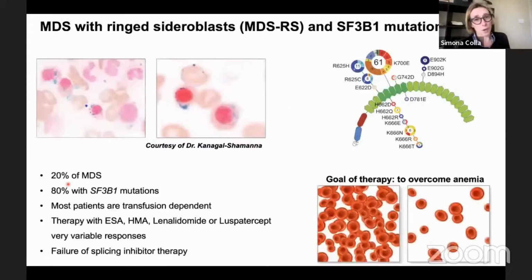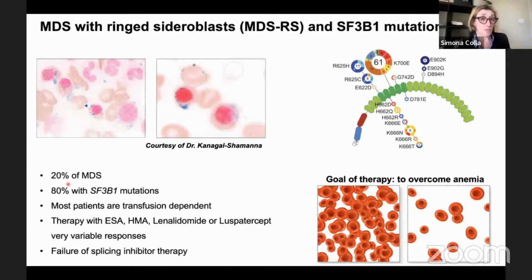So for example, I start from an example of a paper that is almost finished, under revision, in which we wanted to understand how a particular mutation in myelodysplastic syndrome, a splicing factor mutation, SF3B1, is a peculiar mutation that is always associated with a particular type of myelodysplastic syndrome characterized by the formation of ringed sideroblasts. This is a very peculiar disease, in a way that a mutation gives you a phenotype.